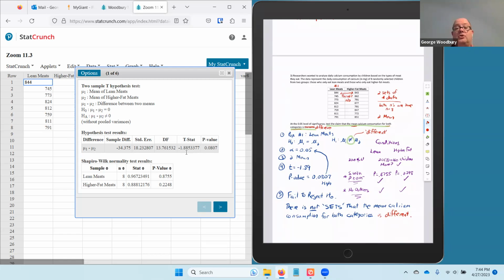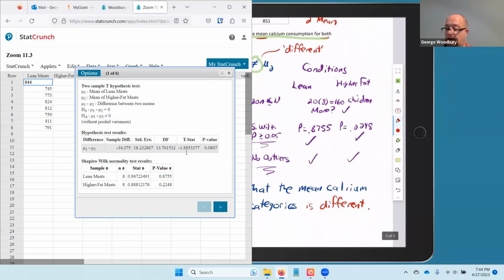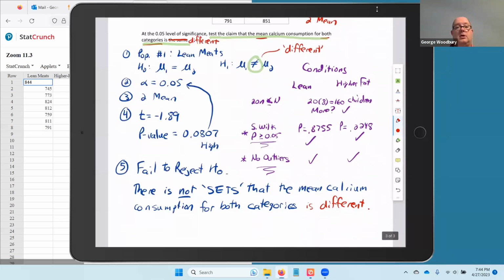So when H1 contains the not equal to sign, that should set off a little alarm for you that you need to be careful with the conclusion. And by being careful, that means you need to write it in terms of the first group being different from the second group.